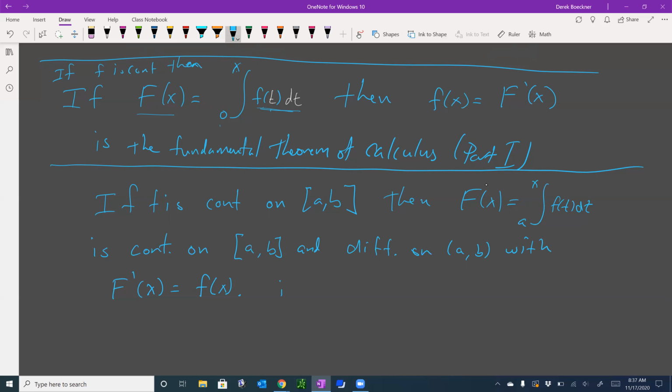I.e., f of x equals d/dx of the integral from 0 to x of f of t dt. So differentiation undoes integration. That's what that one says.